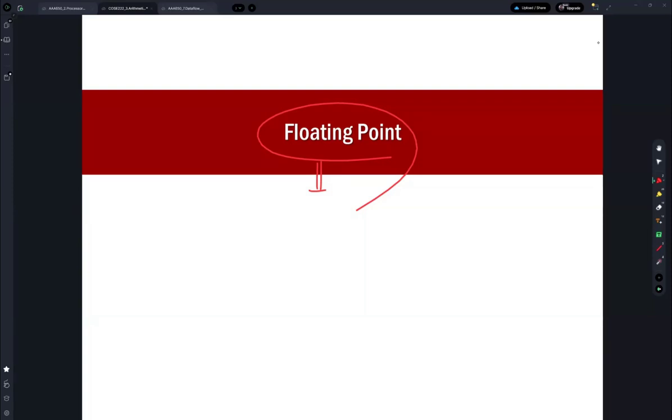This number system is getting more important because AI applications are very popular, and the baseline AI applications use floating point numbers. But if you study floating point numbers, you can find that they are much more complex than integer numbers.